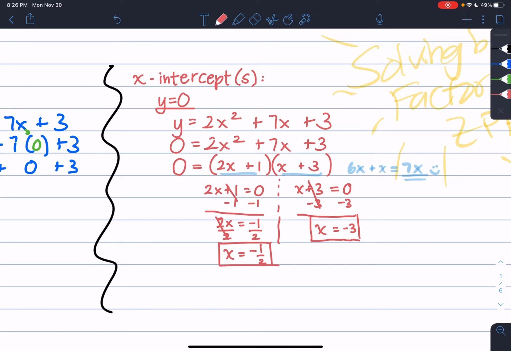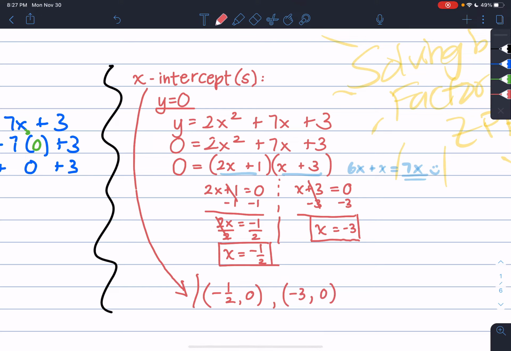All right, so again, what does this all mean? This means that our x-intercepts are going to occur where x is negative 1/2 and where x is negative 3. This will give us the coordinates of our x-intercepts of negative 1/2, 0, and negative 3, 0. So there are a couple of different ways to express our x-intercepts.